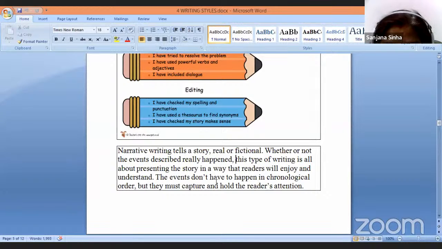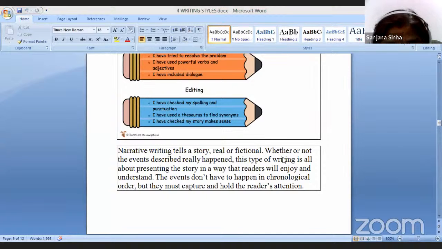So people write stories in a way so that others will read, understand and enjoy. The events don't have to happen in chronological order. It is not necessary that it be in chronological order, first this happened, then that happened, no. Like I said, the story started with a dialogue. So it can be any way which you want.